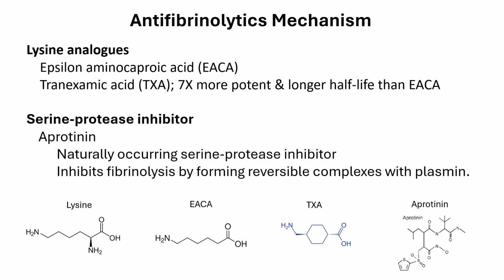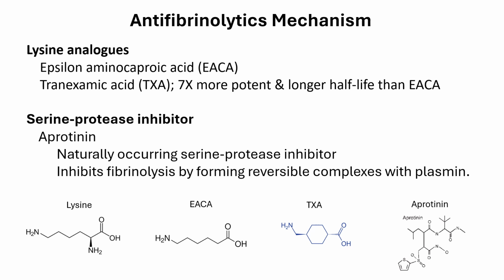Now we will look into the different types of antifibrinolytics and the mechanism. There are two big groups of antifibrinolytics. One is the lysine analogs, and the other one is the serine protease inhibitors. In the group of lysine analogs, there's epsilon-aminocaproic acid or Amicar, or tranexamic acid.